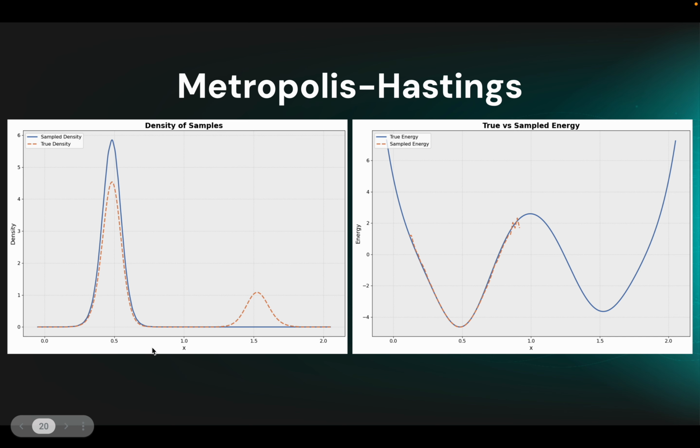And that essentially means that we're getting stuck in that well at x equals 0.5. So we probably initialized somewhere in that well, and we're getting stuck because of the low temperature. We're not able to cross that energy barrier. And similarly, we can see on the right that because we're not able to cross that energy barrier, we're not able to reconstruct the full energy landscape of our system. We're only able to reconstruct the energy landscape in that one well.